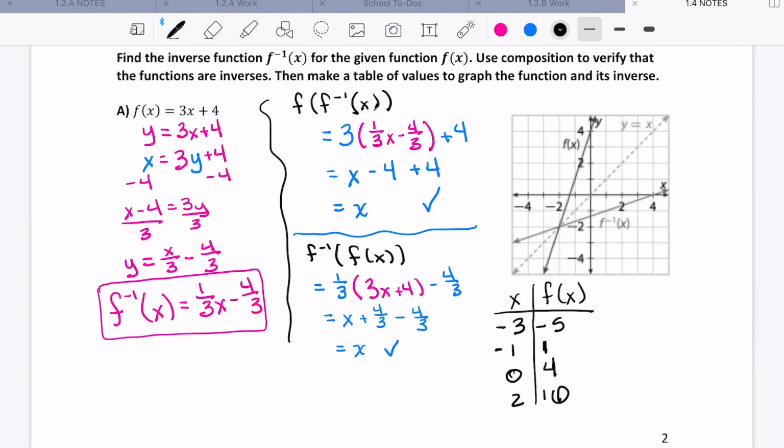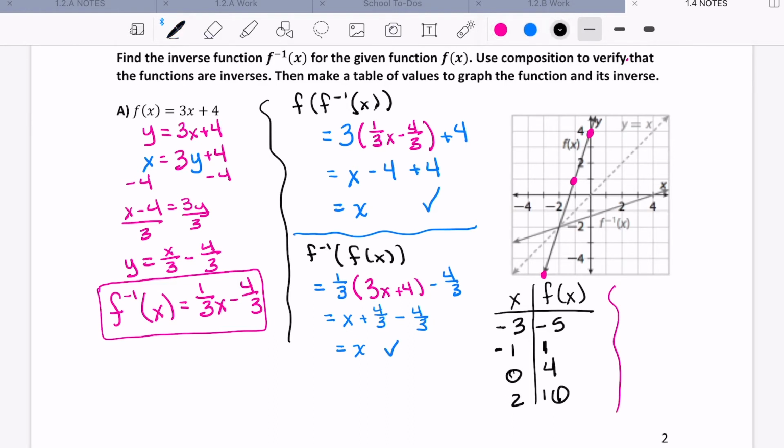Okay, let's see what we can graph here. So if you look, -3, -5, here's that point, -1, 1, 0, 4, and then 2, 10 would be off of our chart. It would be somewhere up here. And for the inverse, we can do the same.